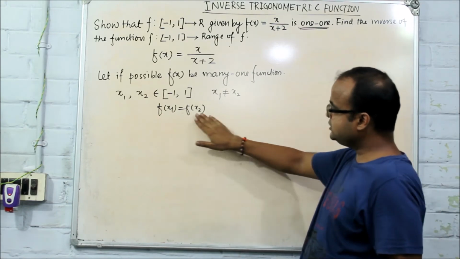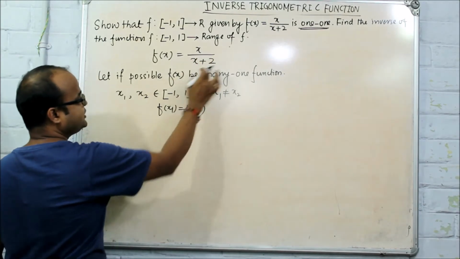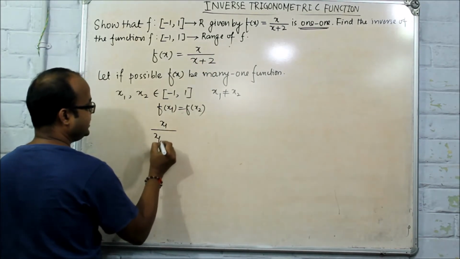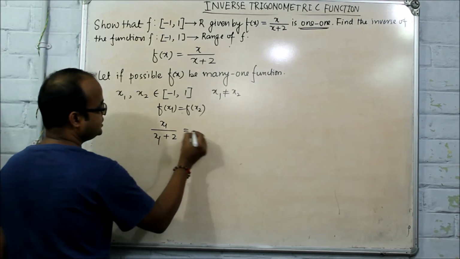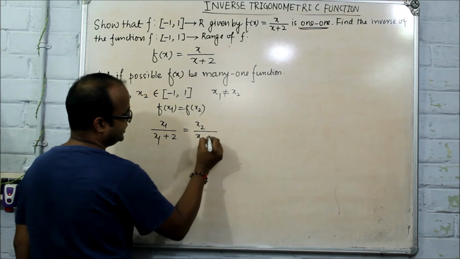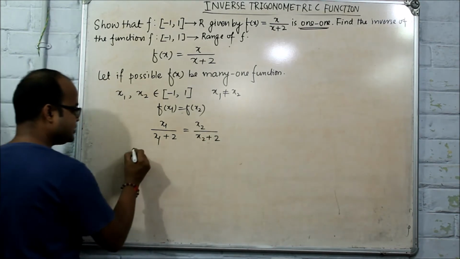So, f(x1) is equal to f(x2), where f(x) is equal to x by x plus 2. So f(x1) is x1 by x1 plus 2, which is equal to x2 by x2 plus 2. Now we apply the cross multiplication.